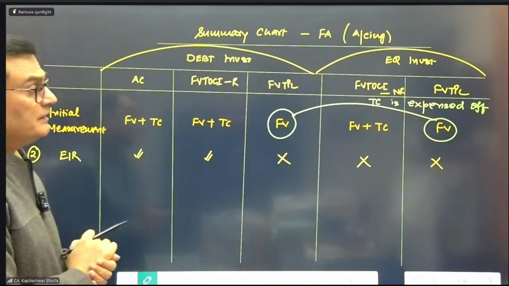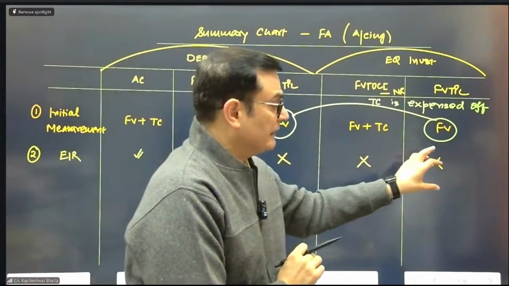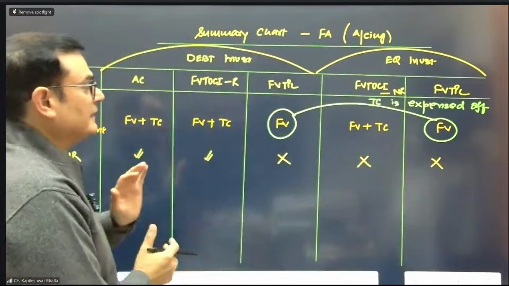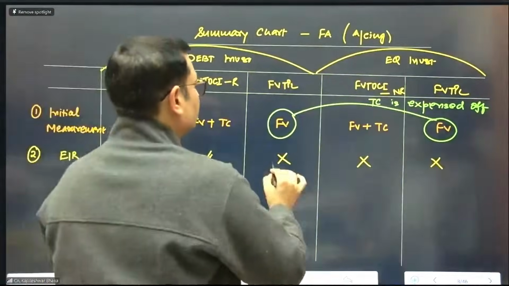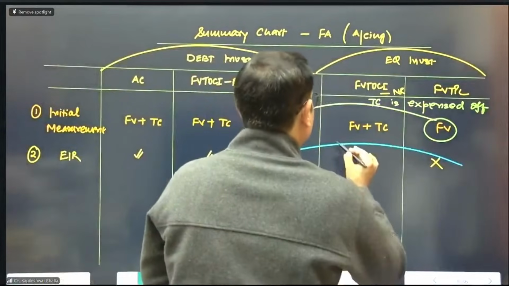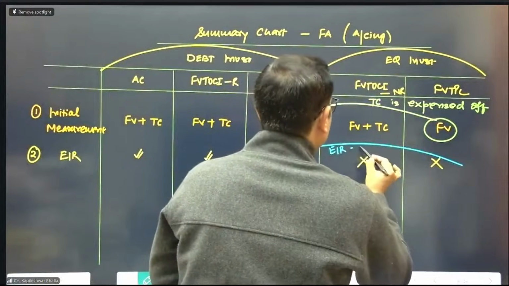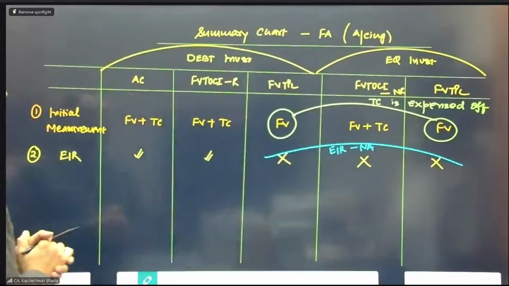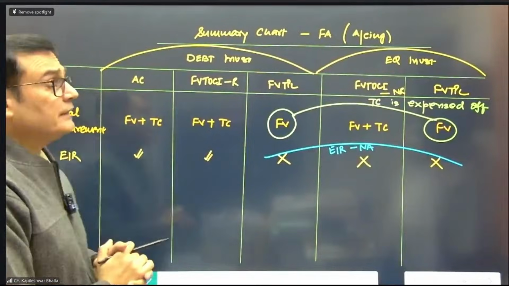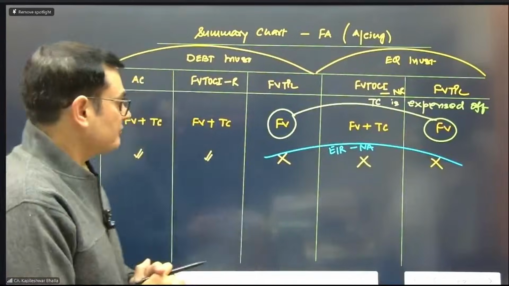So you can clearly see that for equity, it does not apply. And for debt FVTPL, it does not apply. Just to highlight the inputs, these are the three cases where the EIR is not applicable. Equity, undoubtedly no. And for debt investments, FVTPL, it's again no.